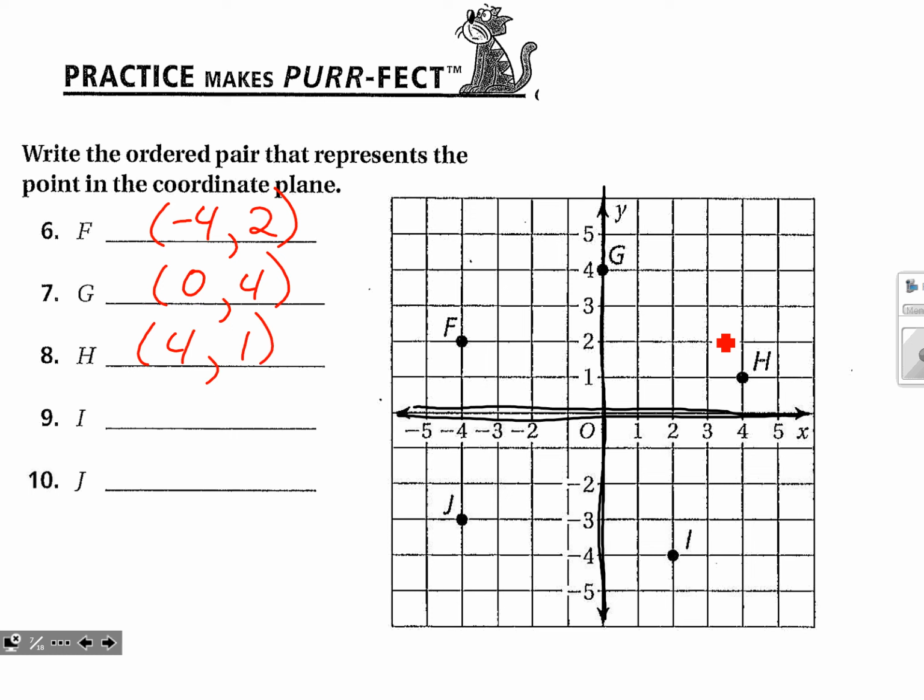For number 9, I is (2, -4). And J is (-4, -3). I'm hoping that all of you guys got these answers. Let's go on to the next slide.